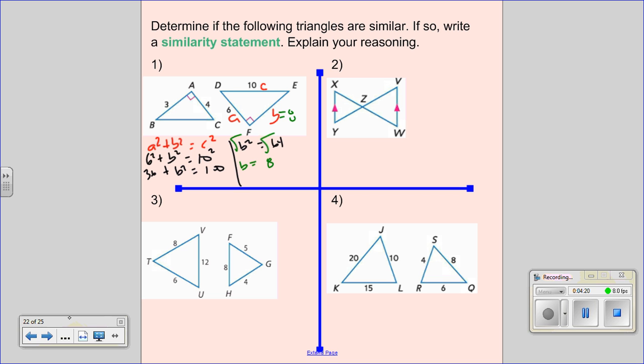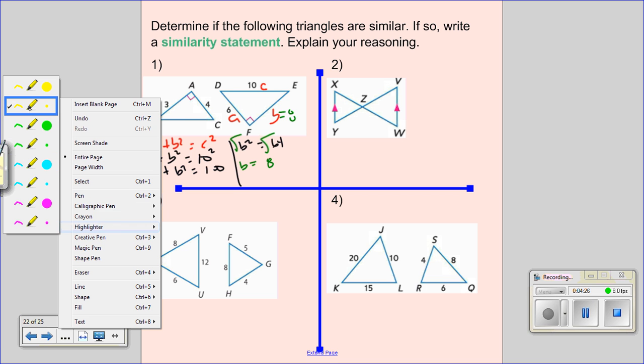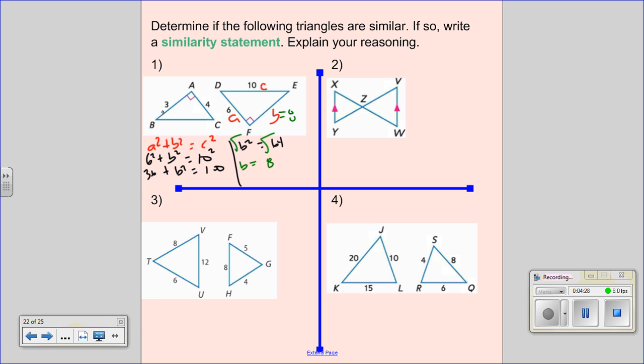Next thing I would have to do is test proportionality by setting up ratios. Side AB is the smallest side on the left triangle, so it would correspond with DF because it's the smallest side on the right.